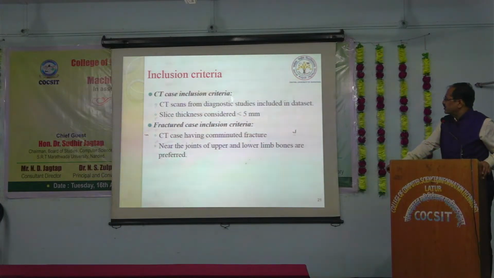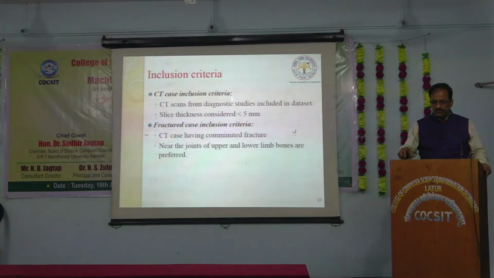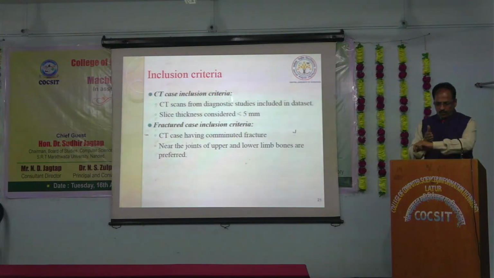CT cases inclusion criteria: CT scans from diagnostic studies included in the database, with slice thickness considered less than 5 mm. When the radiologist conducts the CT scanning, they keep a thickness for the image, that is, moving from one point to another, how much the spacing should be.